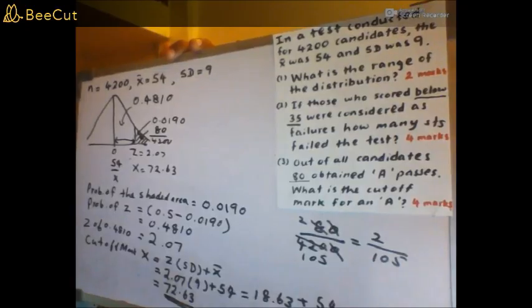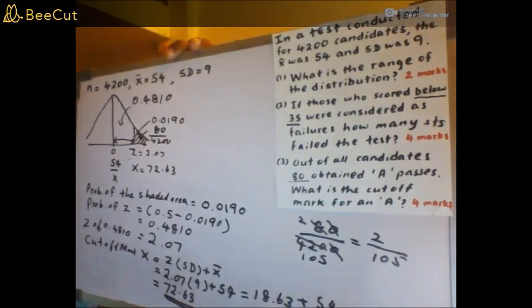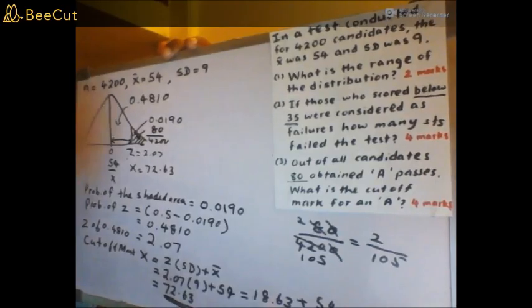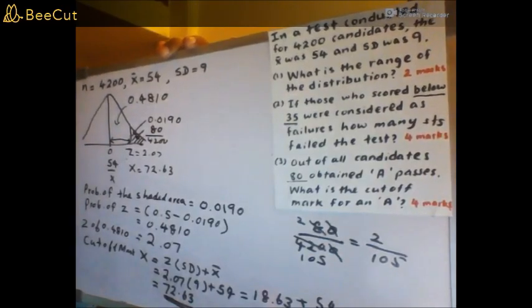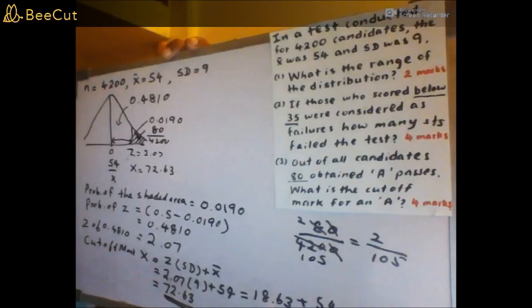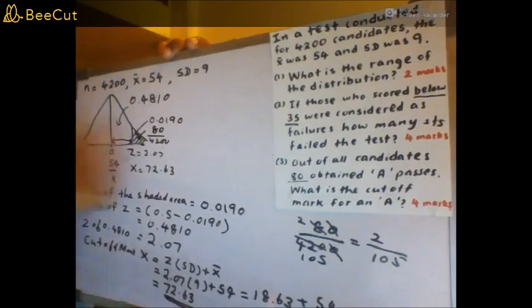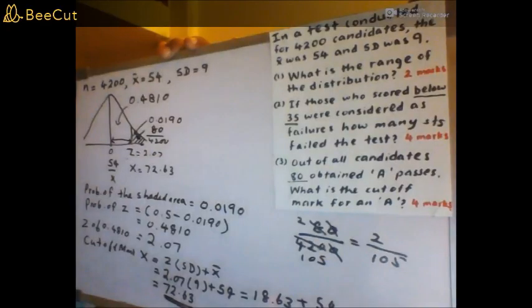Always practice. When you practice, pay attention to speed and accuracy. First, do all the problems. Get the practice, then time yourself within the given time. What's the given time for this question? 20 minutes.